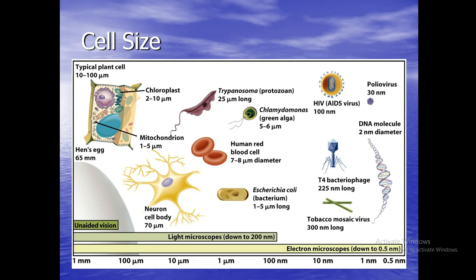Some of the viruses are measured in nanometers. For example, HIV virus is 100 nanometers. TMV, tobacco mosaic virus, 300 nanometers.